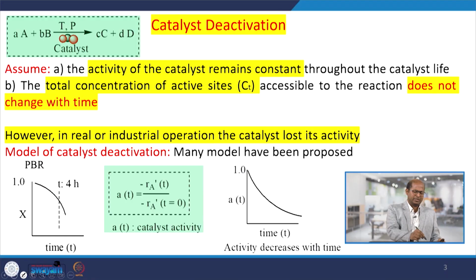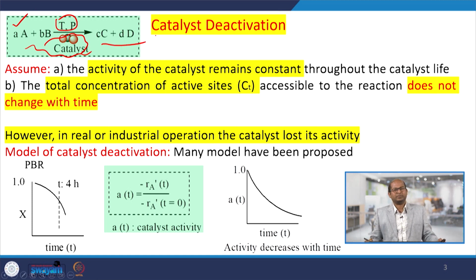Today, in deactivation, here you can see this is the catalyst. We are maintaining temperature, and we conduct the reaction in a packed bed reactor or a solid phase reaction. Here, what we always expect is that the activity of the catalyst remains constant throughout the reactions.